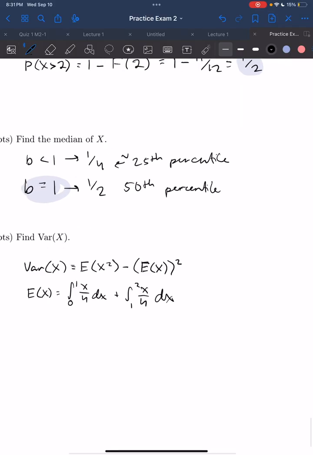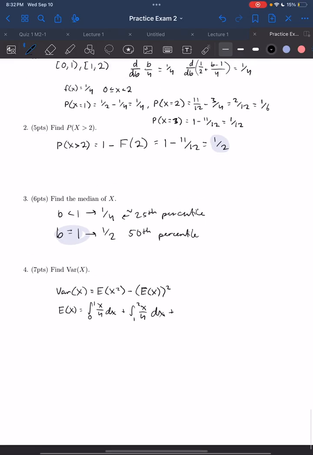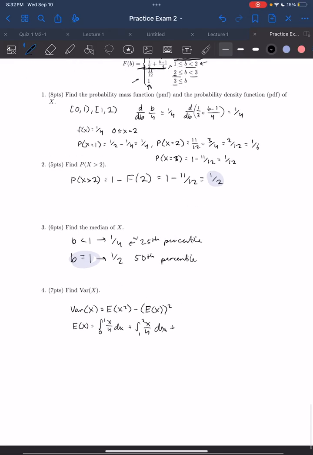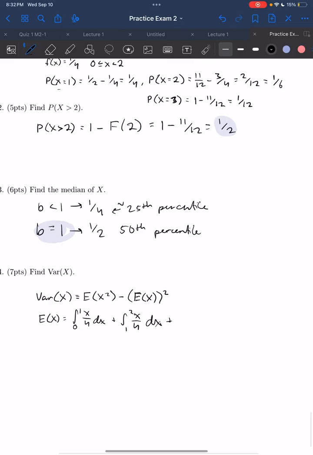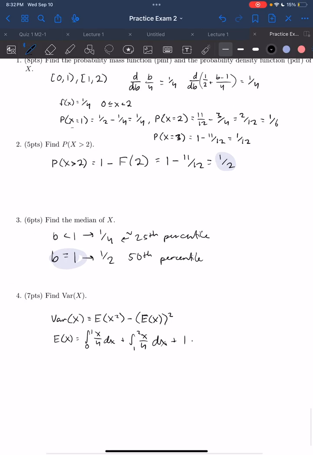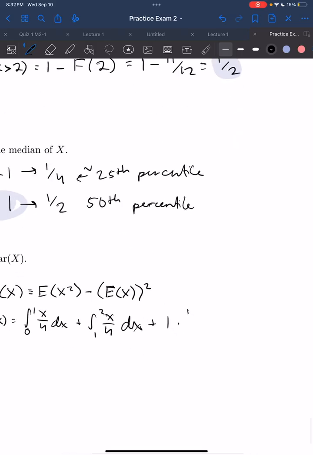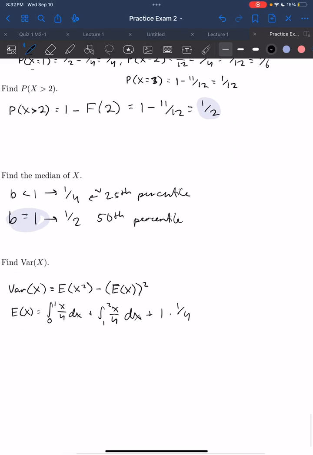And then now we can add our point distribution. Since we already calculated that, we can just use it from here. So when we have x equals 1, we can just do 1 times 1/4.